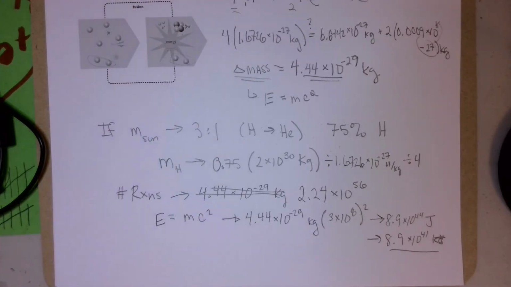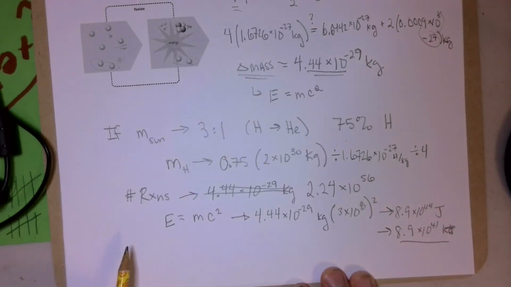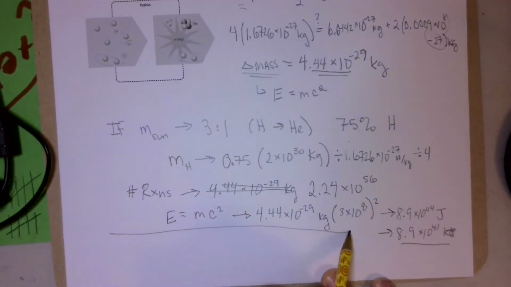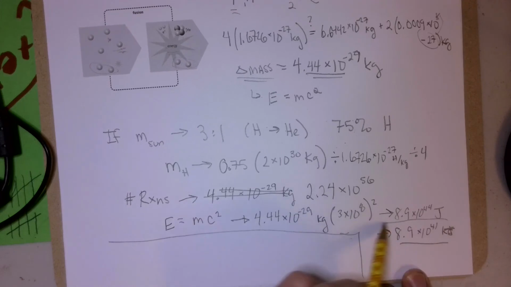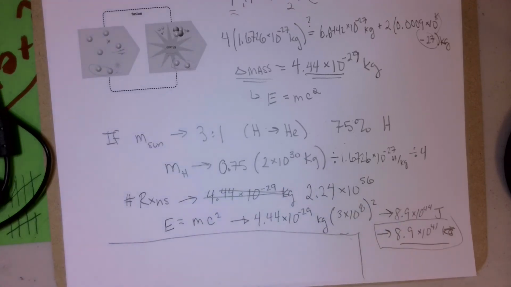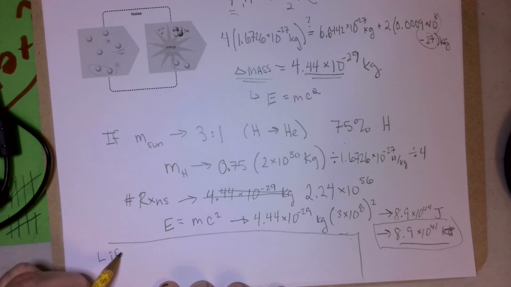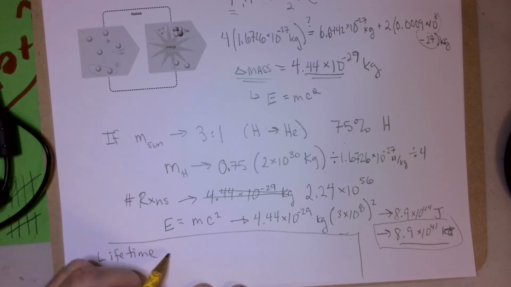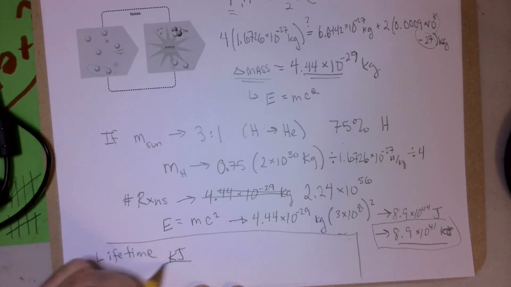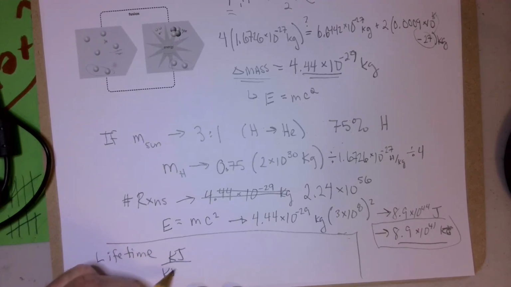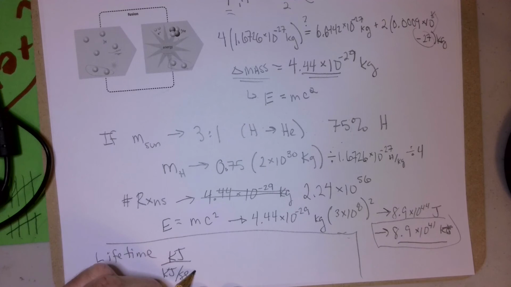What we need to know is basically the lifetime, right? Like how long is it going to take to do that? So what we need to do now is use the rate of emission from the sun. To figure out the lifetime, we use the amount it has, the kilojoules we just figured out, and then the kilojoules per second that is given in the book.